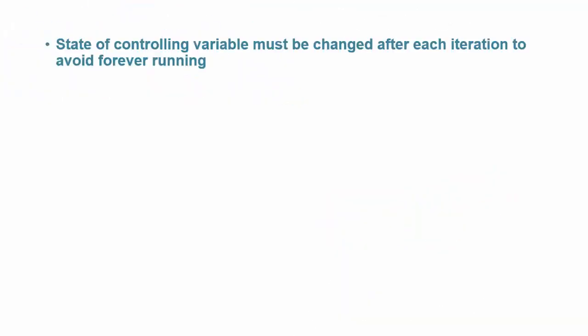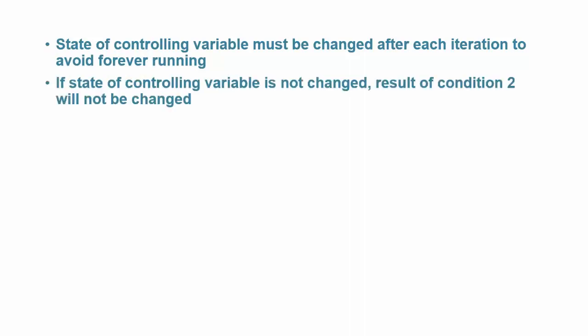After each pass through the loop, the expression controlling the loop must change the state. If the control variable did not change state during the processing of the loop statements, the loop will execute forever. That is, the outcome of the test in condition 2 would never change, which means the loop would run forever. Loops that run forever are called infinite loops.